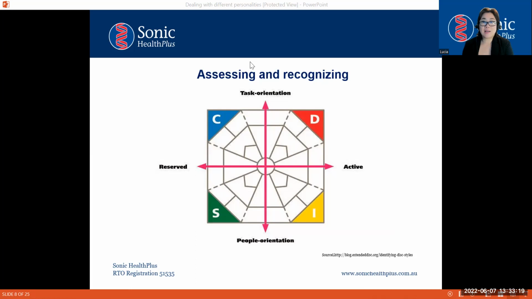Now, as I've mentioned a while ago, C and D are very task-oriented, whereas the S and I are very people-oriented in their language and their approach and their decision-making. The C and the S, you'll have a very reserved, private type of conversation with them, whereas the D and I, public or private doesn't matter to them.